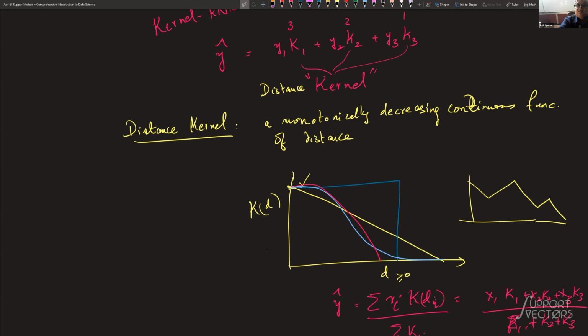See, here's the thing. Suppose your data points are like this: 1, 2, 3, 4, and you're trying to make a prediction at this point. What will happen is that this one will get a heavy weight and these will get lesser weight. But ultimately, there's a denominator that balances it out, that scales it down. And let's say that these guys are predicting values here and here.